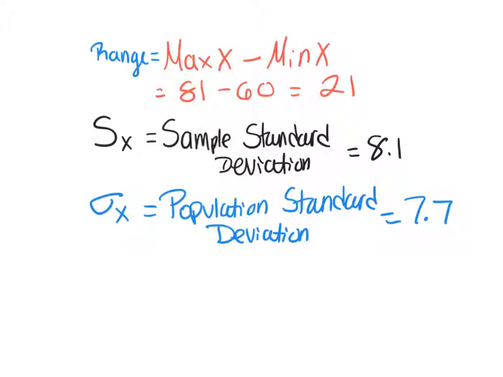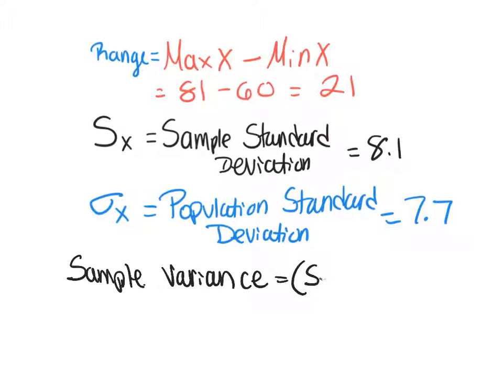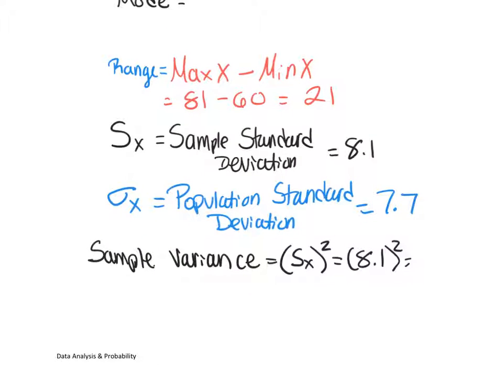Remember, we can determine the variance as well. So the sample variance is just our sample standard deviation squared. So in your calculator, you would just do 8.1 squared, which gives you 65.61.